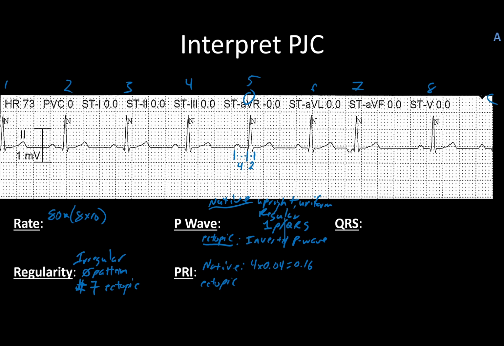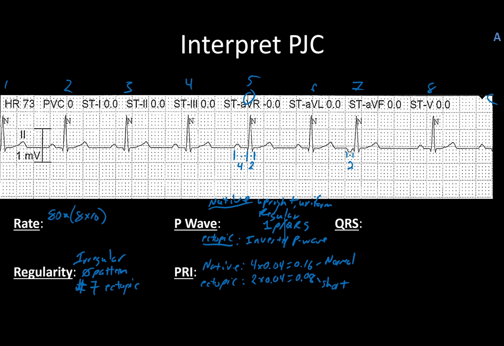We'll say that that one's 2. We'll come back to that in a second. As for our ectopic beats, this starts just a little bit after the line, and it ends rather abruptly right there. So that's only about 2 small boxes. That is well under the 0.12 that a normal PRI would be, whereas these are normal.